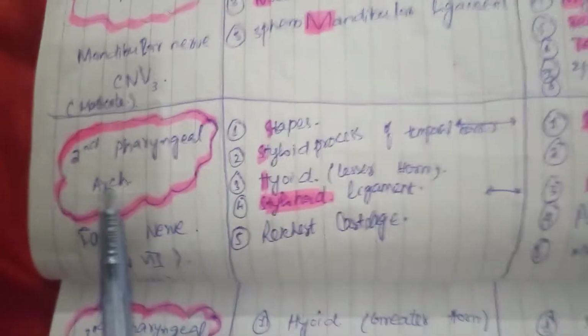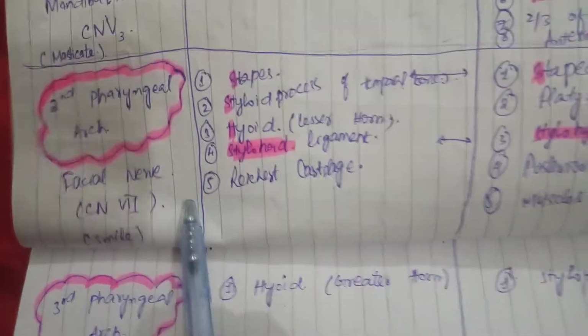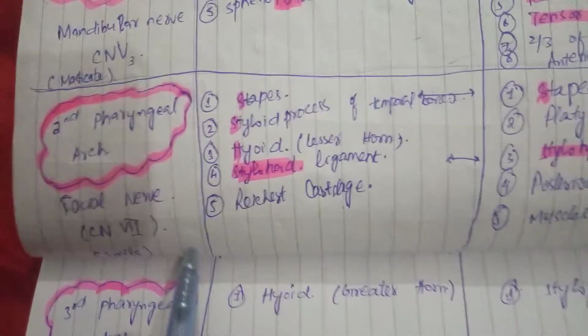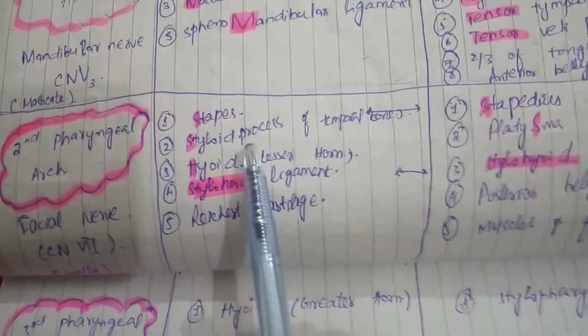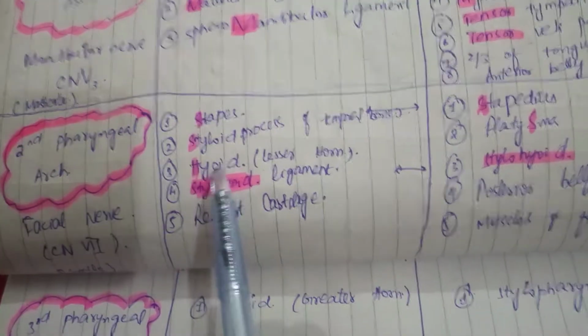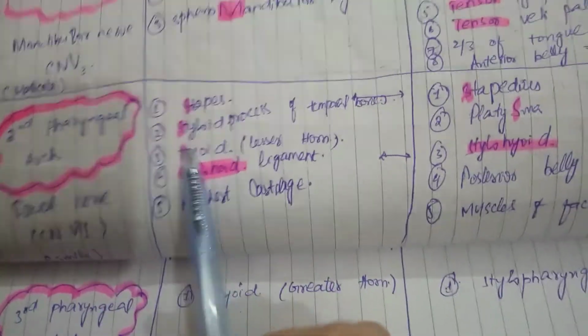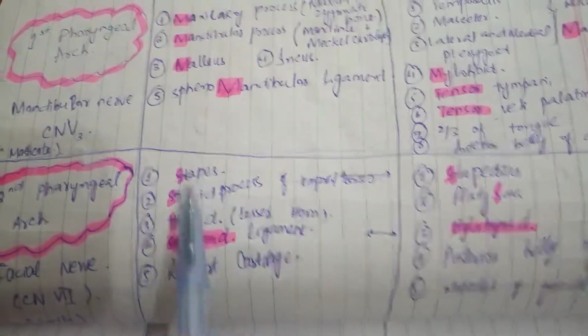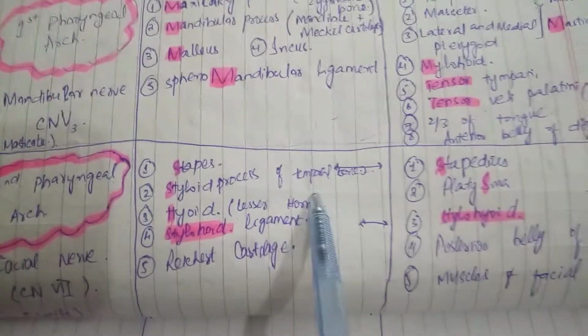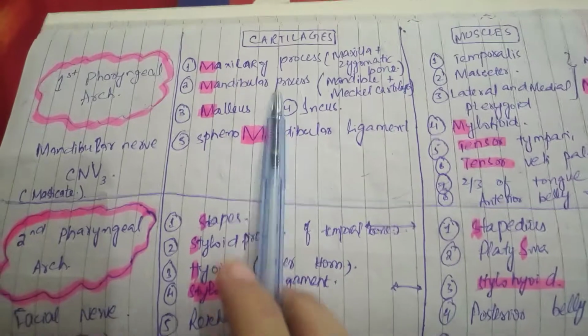Coming to the second pharyngeal arch, you have to remember that it is supplied by the facial nerve, cranial nerve 7. Now most of the cartilages and bones start with S, S for smile. Okay, now stapes, the remaining one of the malleus, incus, and stapes. Then the styloid process of the temporal bone. Similarly, the maxillary process, the mandibular process, here the styloid process.